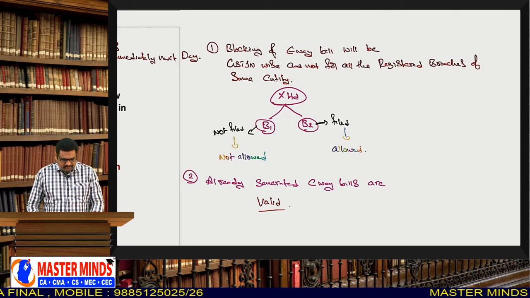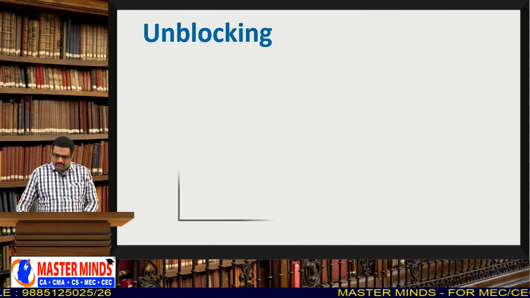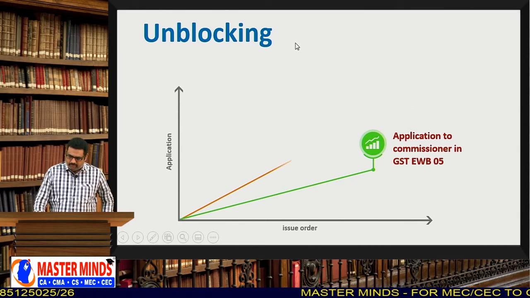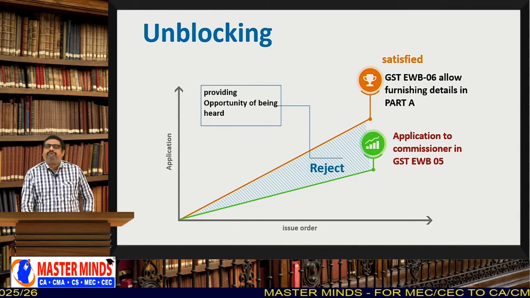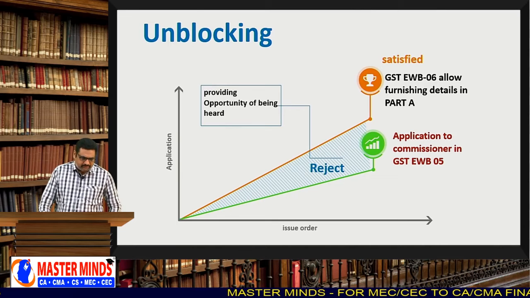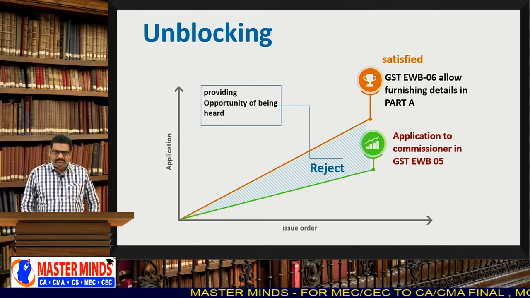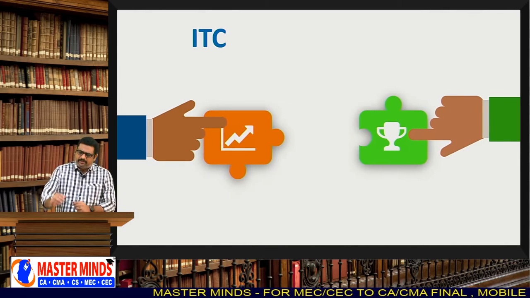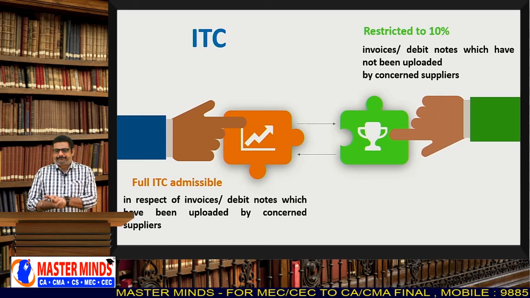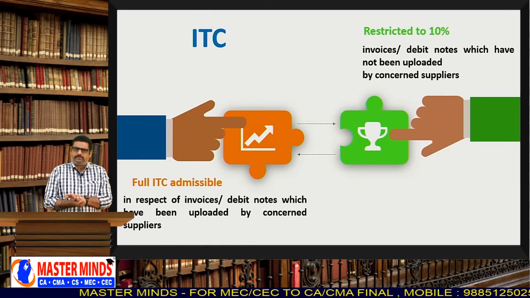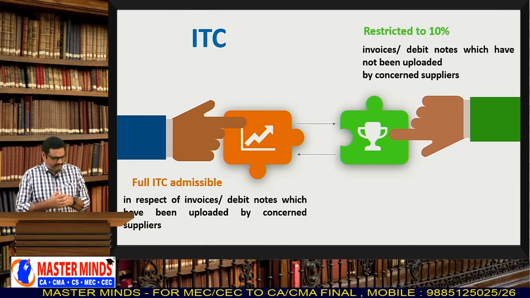This was the concept of EWAY Bill, that there was an amendment with respect to that. Now the most important point we are going to discuss next is ITC, input tax credit.